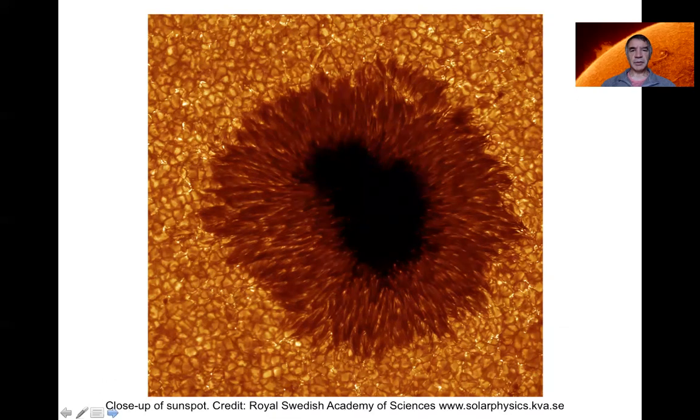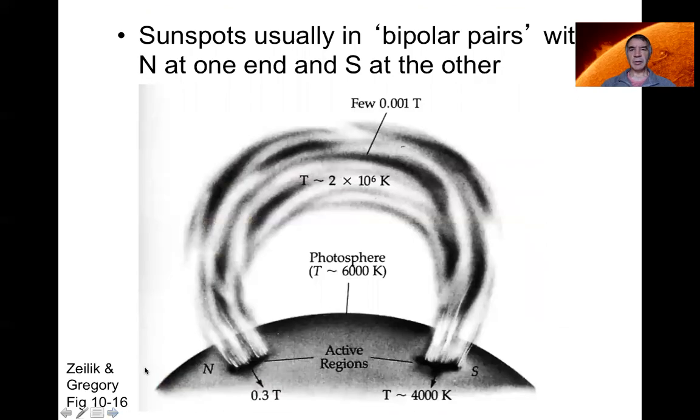But the one thing about sunspots is that they never come alone. They are always in a pair. And that's because one thing we know about magnetic fields, unlike electric fields, is that there are no magnetic monopoles. So basically that means that magnetic field lines go on forever. They don't terminate anywhere.